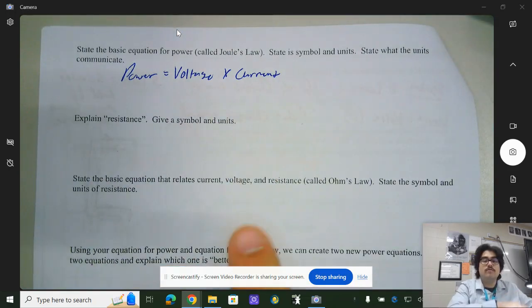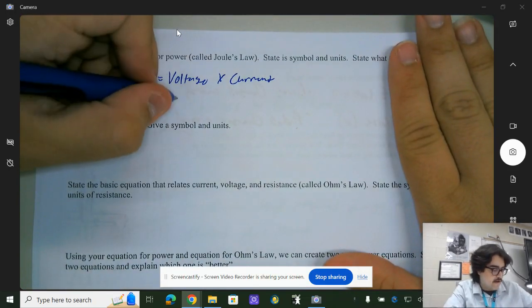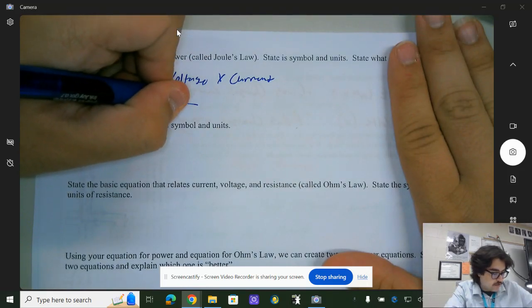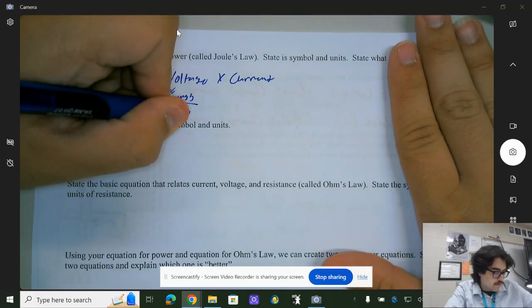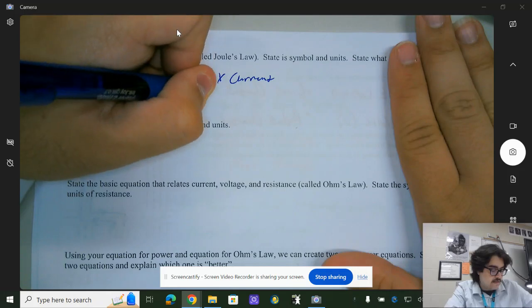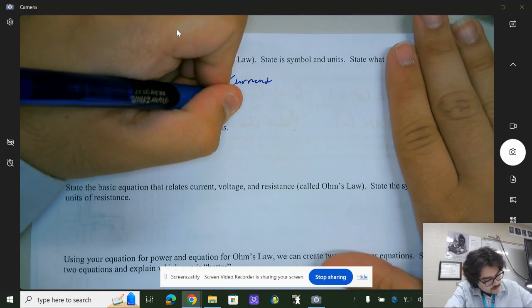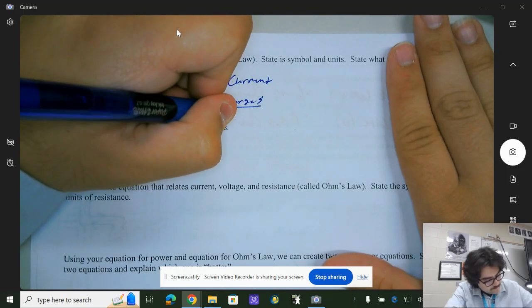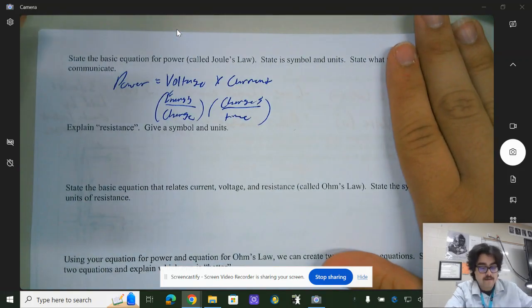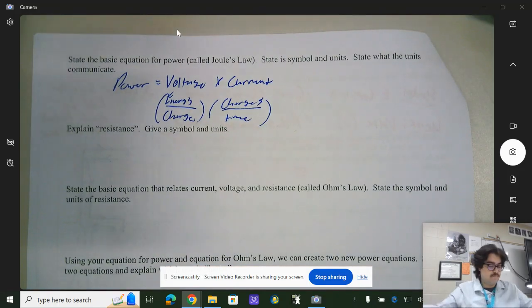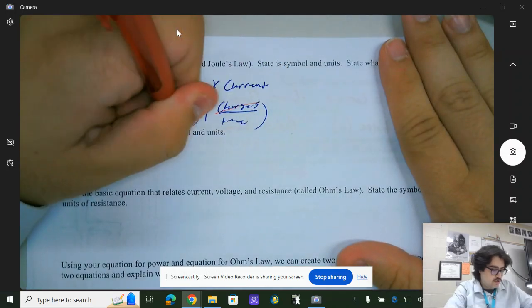When you do that, you're actually going to see that voltage is energy per charge. And if you multiply that by current, which is charges per time, then you end up seeing that, based on math, charge and charge cancels out.